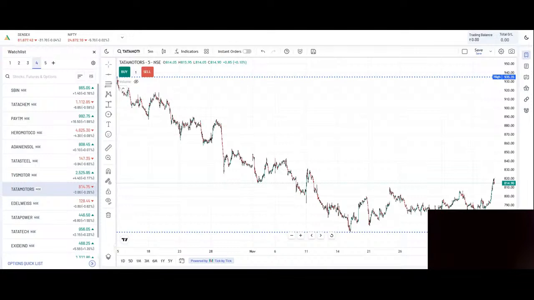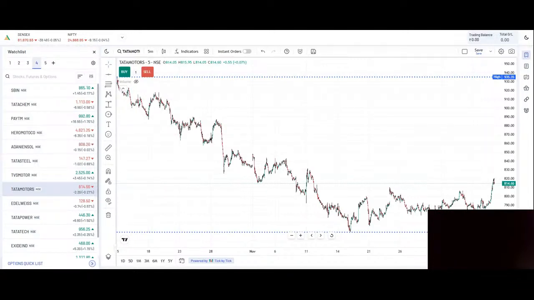So let's see what our commitment says about it. Let me just adjust my chart once and see it once again. Just a minute. Yeah.